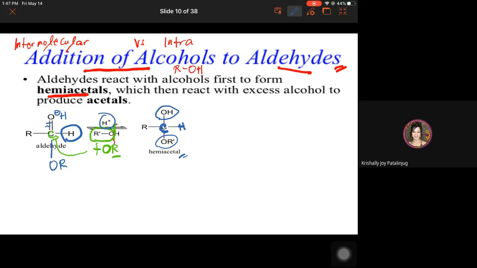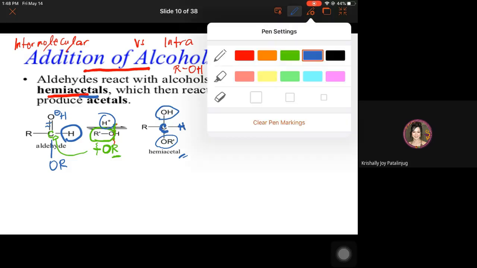Now, it will first form hemiacetal. Meaning, hemiacetal is the initial product, an intermediate product, not yet the final product. Why is it not yet the final product?